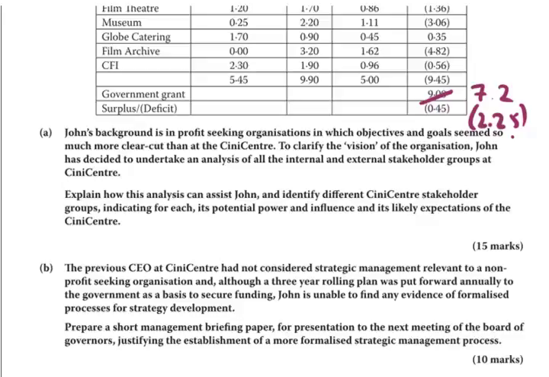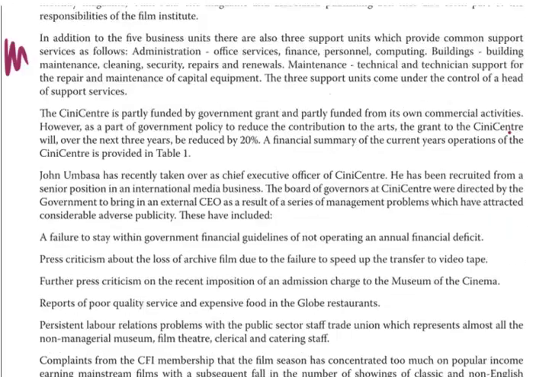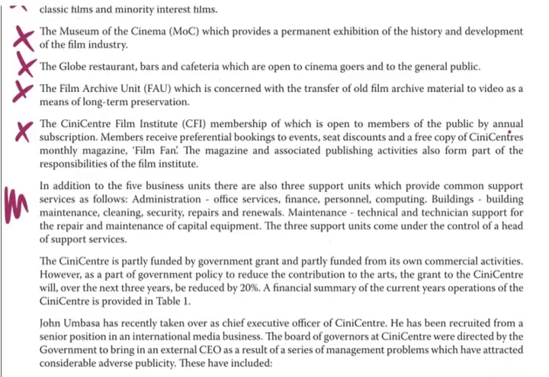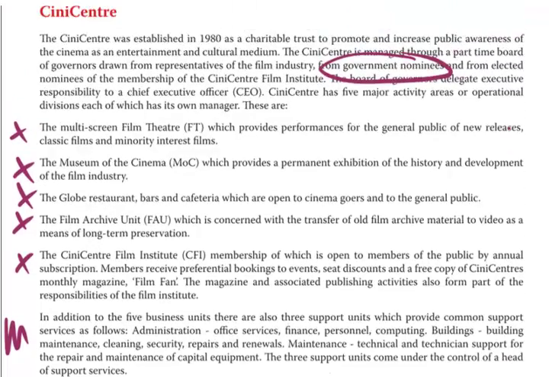Part B asks us what the advantages of strategic management are. The list that you were given on the slide contained the following. And let's see if any of these can be applied to CiniCentre. First of all, it suggested that strategic planning can help to establish the long-term objectives of the organization, and CiniCentre certainly needs to do that. What is its purpose?